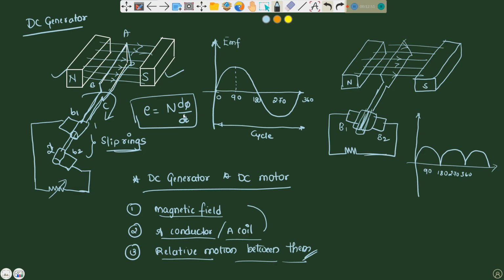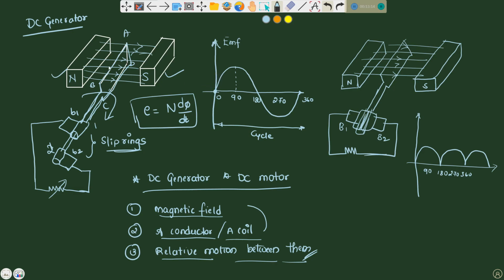Understood? So if the plane of the coil is at right angles to the flux lines, then the flux linked with the coil will be maximum at this position, but the rate of change of flux is minimum, hence there is no induced EMF.